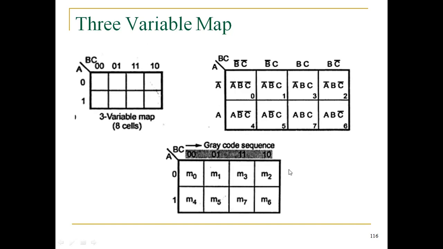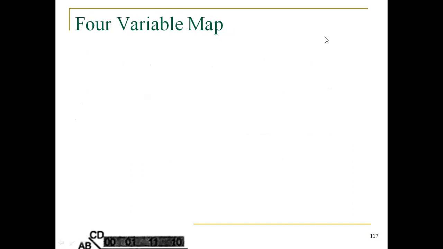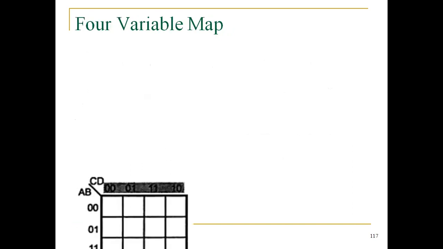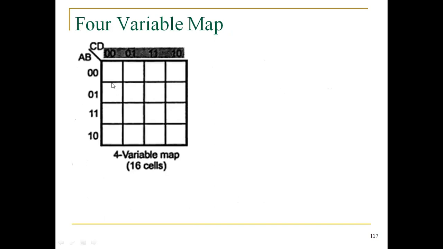Its corresponding cell values are A bar B bar C bar, A bar B bar C, and similarly all the cells are represented like this, and the corresponding min terms are shown in this slide.